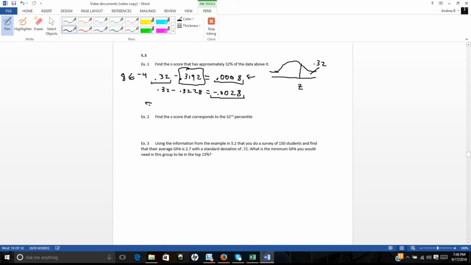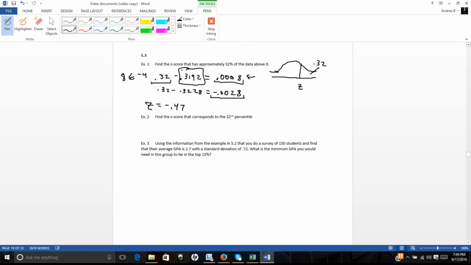So the corresponding z-score for that, looking at the chart here, would be a negative 0.47, because if you go over to the left from that value, you get a negative 0.4, and then if you go up, you have the 0.07. So that means it corresponds to a z-score there of a negative 0.47.